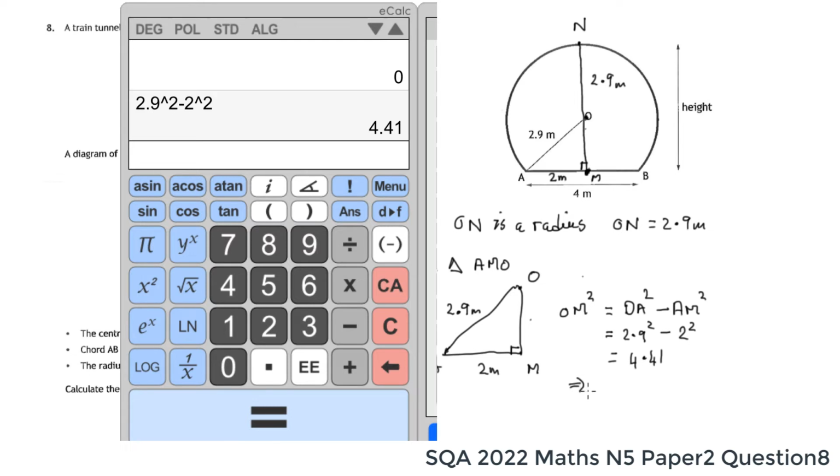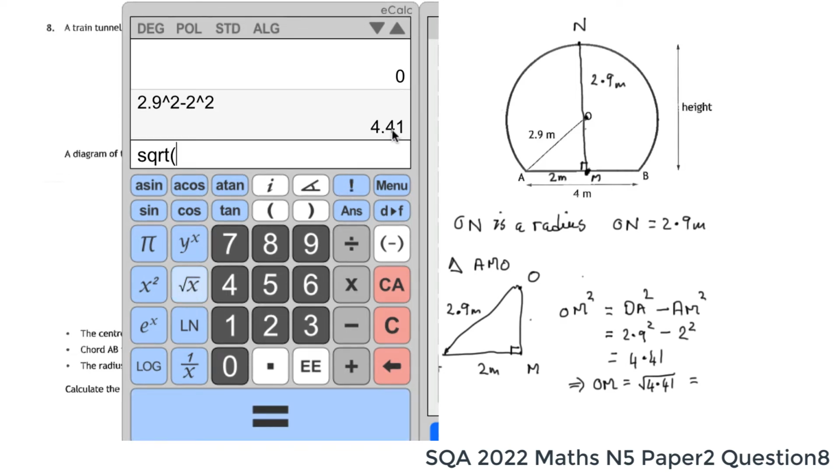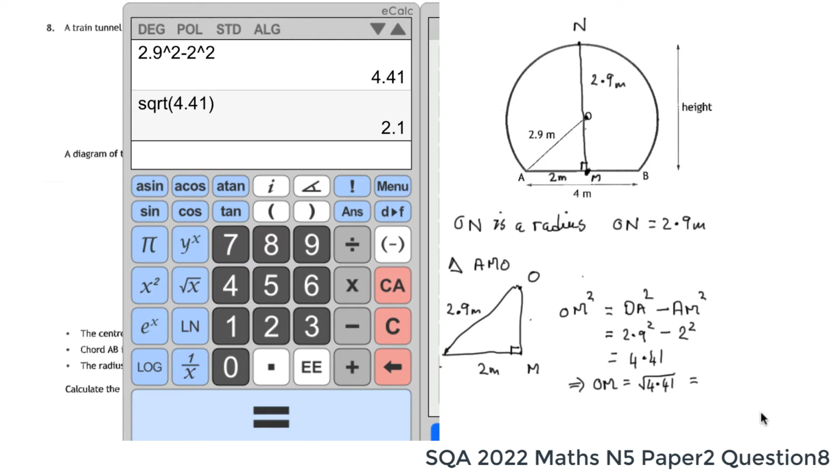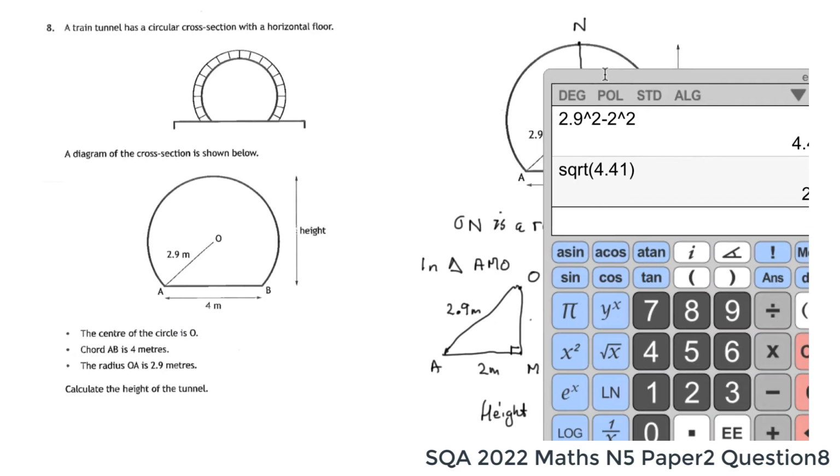So that means that OM is equal to, well, we undo that square by taking the square root. So we're looking for the square root of 4.41. That comes to 2.1 meters. So the height, well, let's get rid of this.